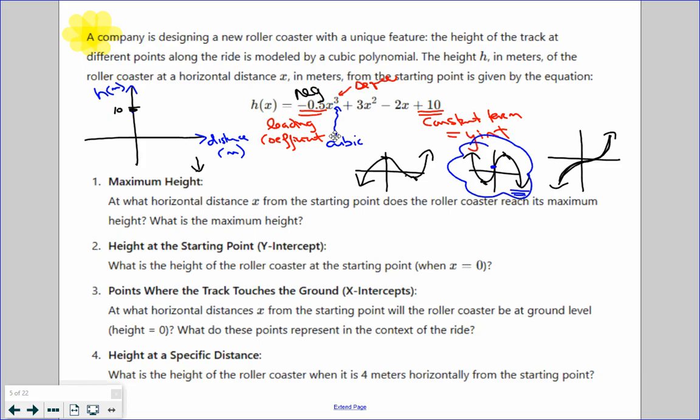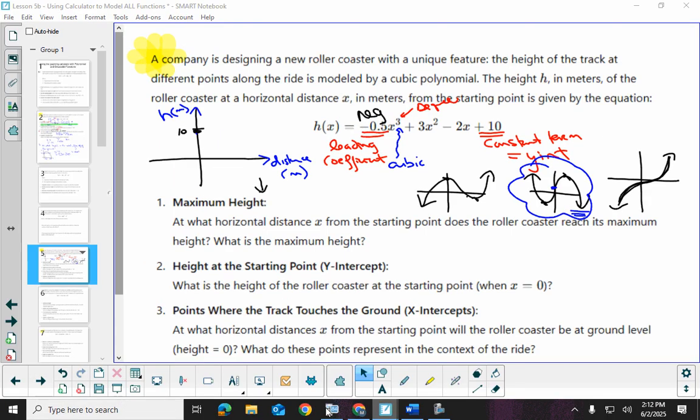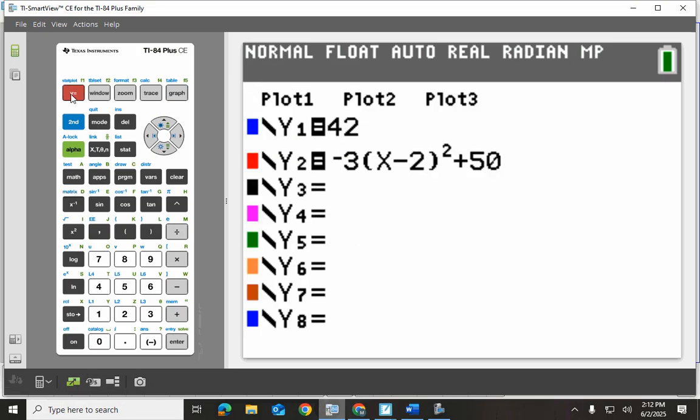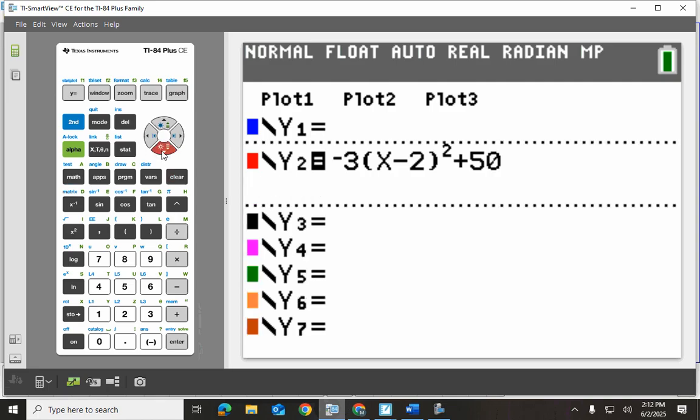Okay, so let's plug this thing in because I have no idea what this thing's going to look like, except for those couple patterns that we just did. So remember your power key is right above the divide sign. So power 3 plus 3x squared minus 2x plus 10.